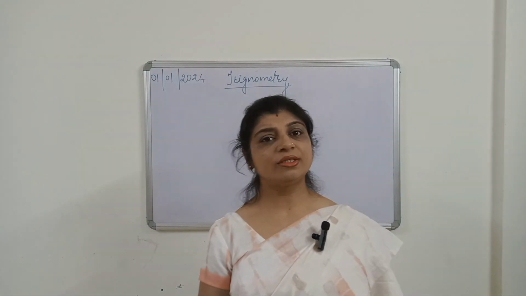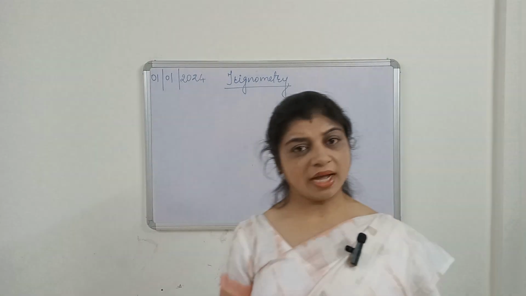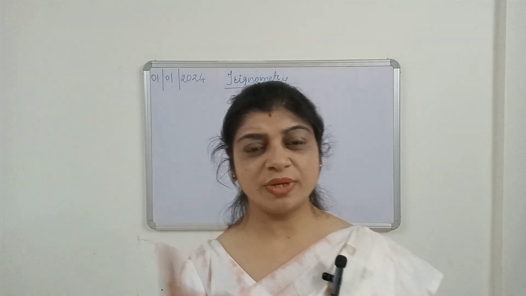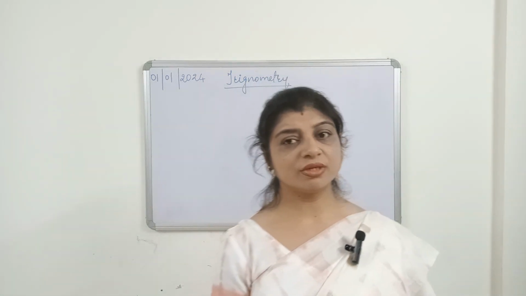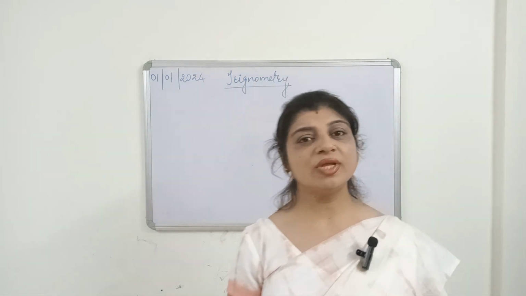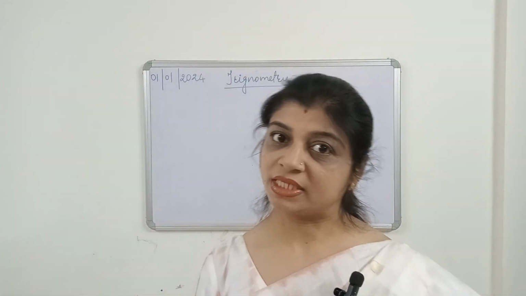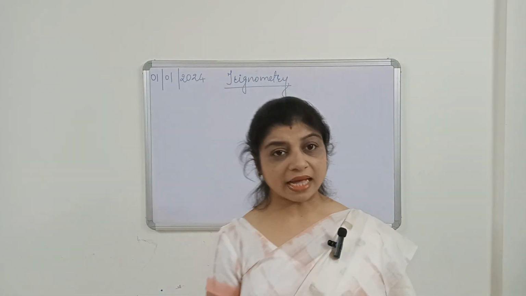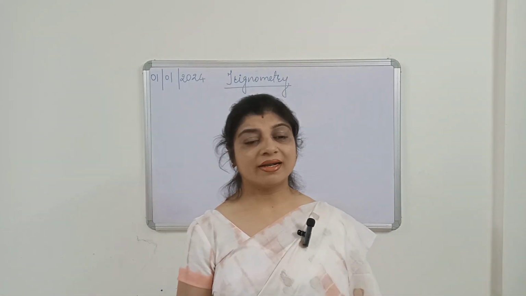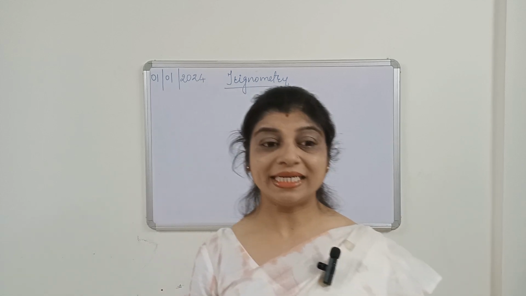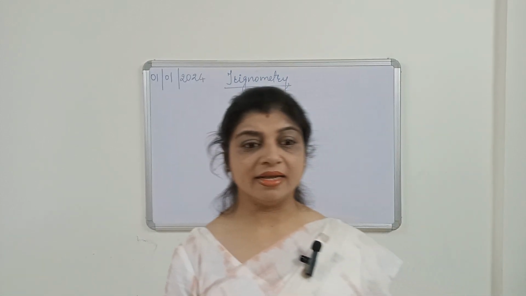So what is a right angled triangle? Let's recall. Triangle itself, tri means 3. So a geometrical figure which consists of 3 sides and 3 angles as its 6 elements is known as a triangle. And a triangle which consists of at least one angle measuring 90 degrees is known as a right angled triangle.